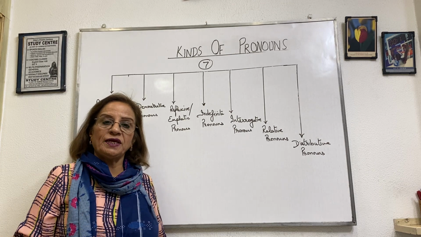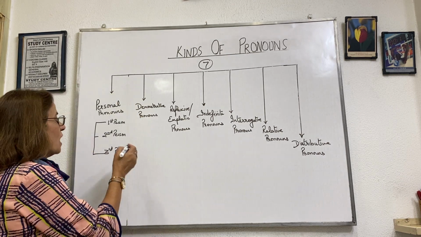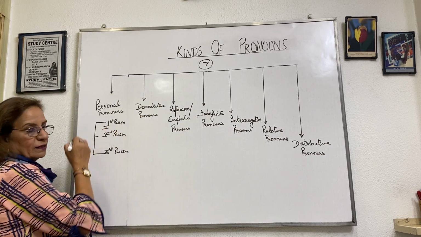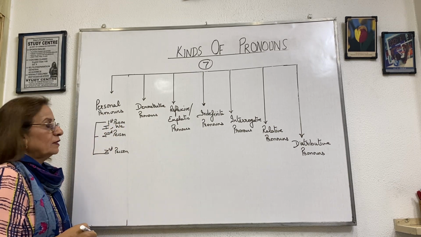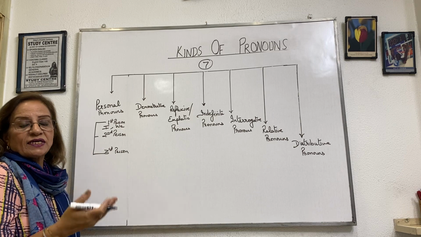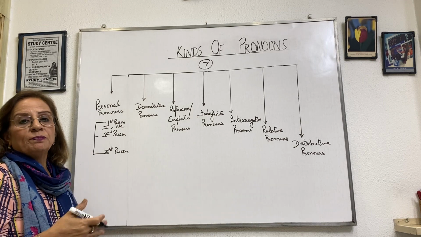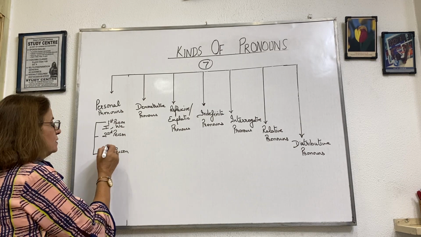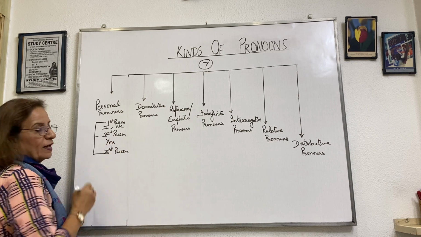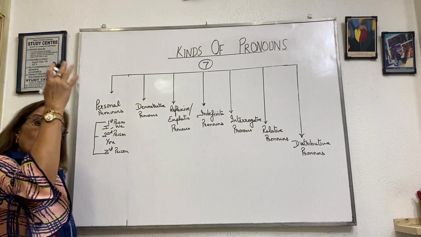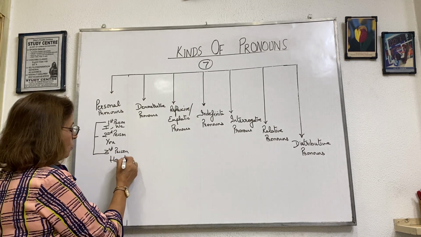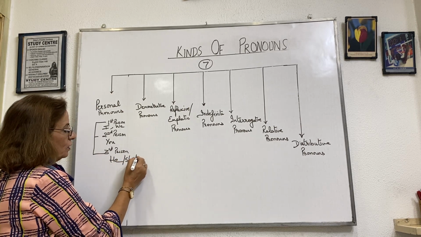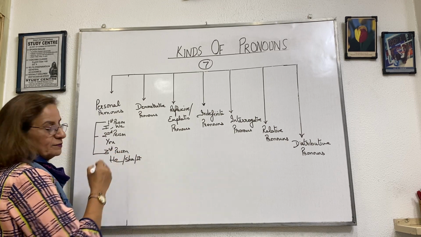Okay, either he's speaking or doing an action, that is I. And plural is we. Second person, with whom the action is being done or with whom the person is speaking, then it is you. And third person, about whom he is speaking or she is speaking. So it is he or she. And for neuter gender, it.